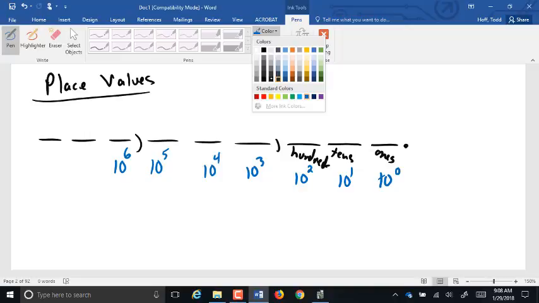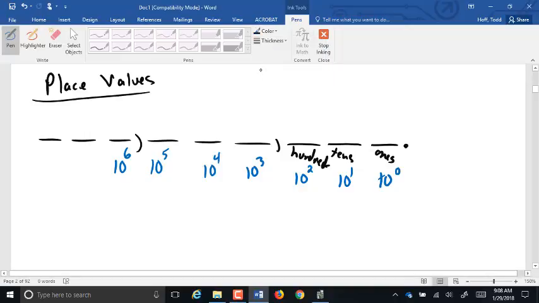In fact, when we took those numbers and wrote them out in that expanded form or full form, something like 627, instead of writing out hundreds and tens and ones, we could have done this. 6 times 10 squared is 6 hundreds, plus 2 tens would be 2 times 10. We don't have to write the 10 to the 1 there.